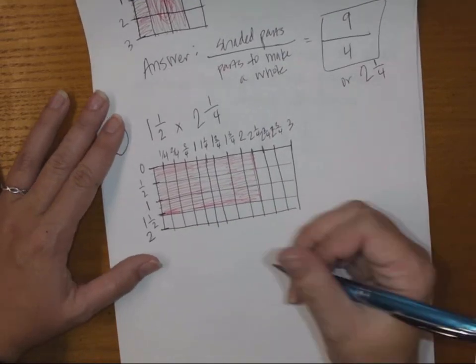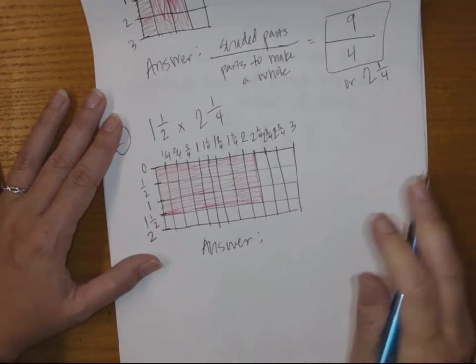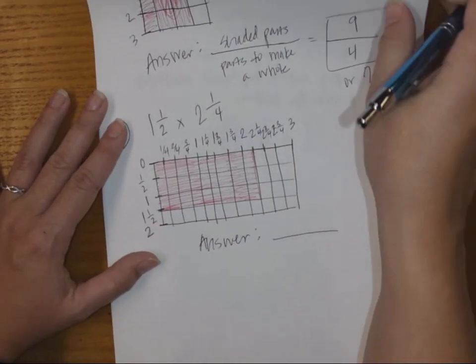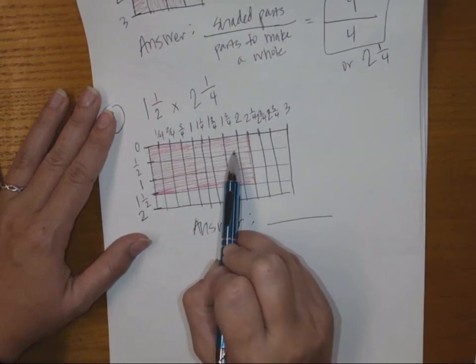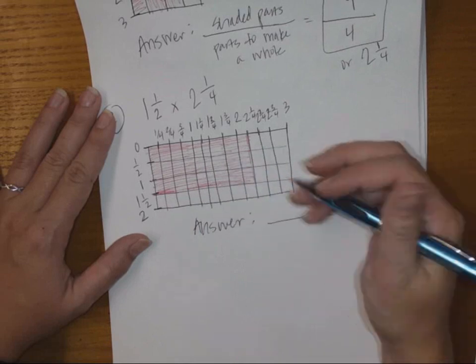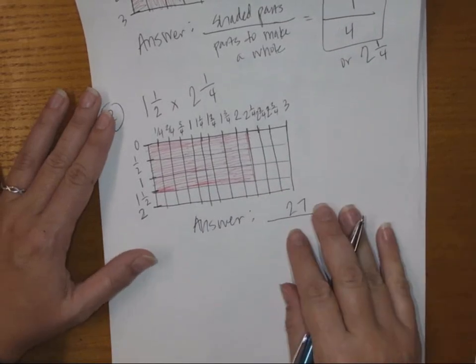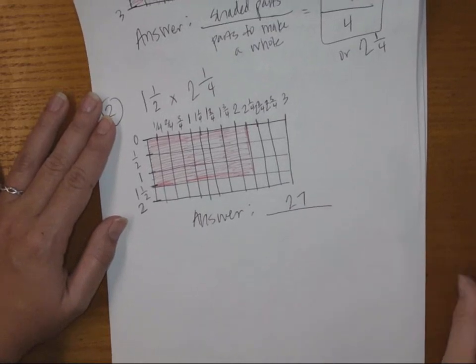Okay, so your answer is the number of shaded parts. The number of shaded parts I have is 1, 2, 3, 4, 5, 6, 7, 8, 9. And I have 3 rows, so that'd be 27 total parts. And then the number on bottom is the number of pieces to make a whole.